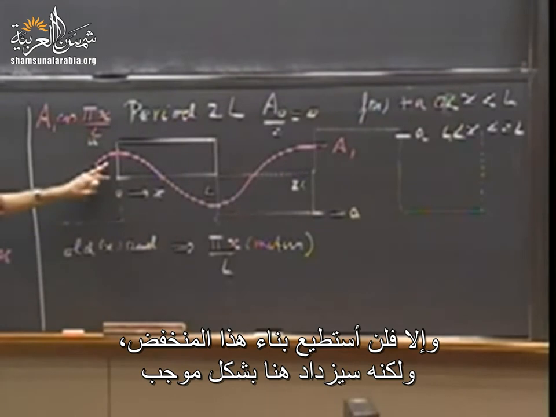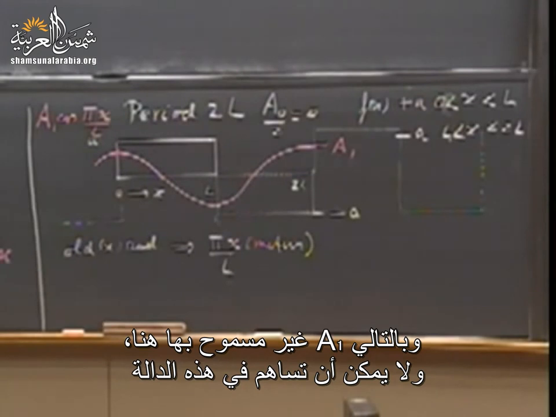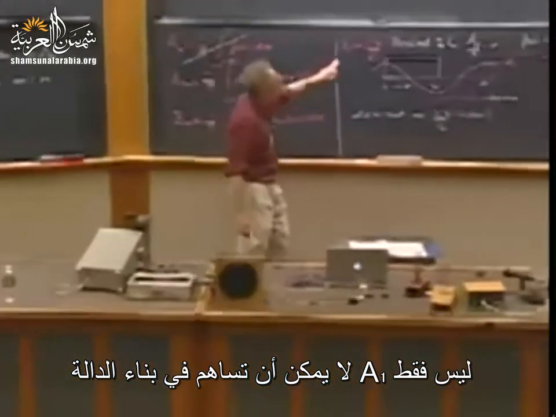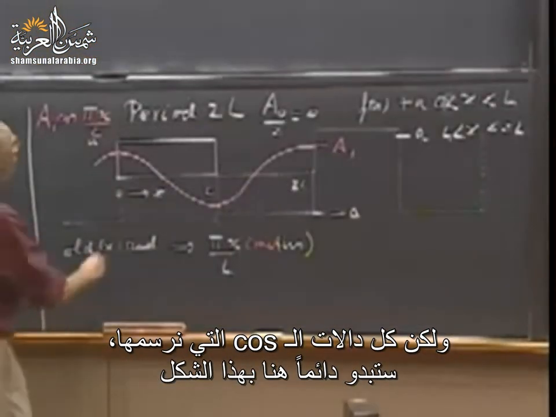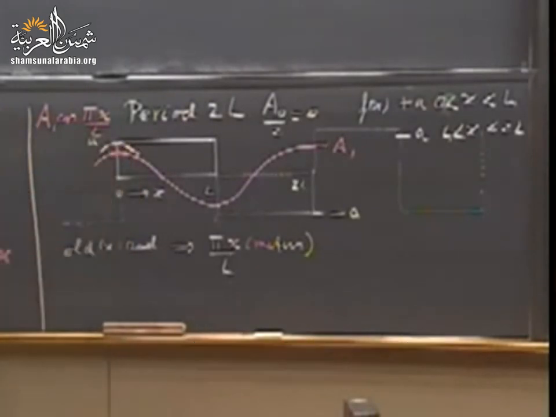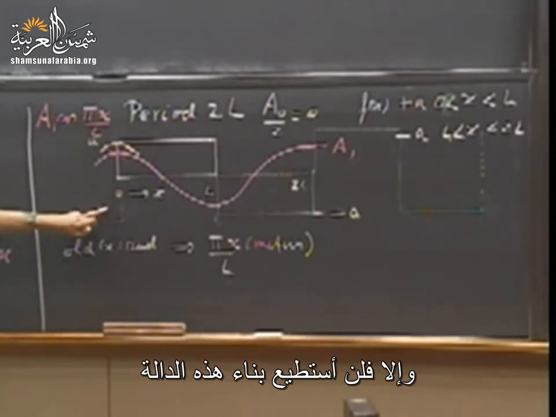Whereas it's going to add up positive here. So this a1, out of the question, can never contribute to my function. But not only can a1 not contribute, but any cosine function that you draw will always look here like this. It will always be positive here and positive there, whereas I will demand that it has to be positive here and negative there. Otherwise, I can never build up this function.